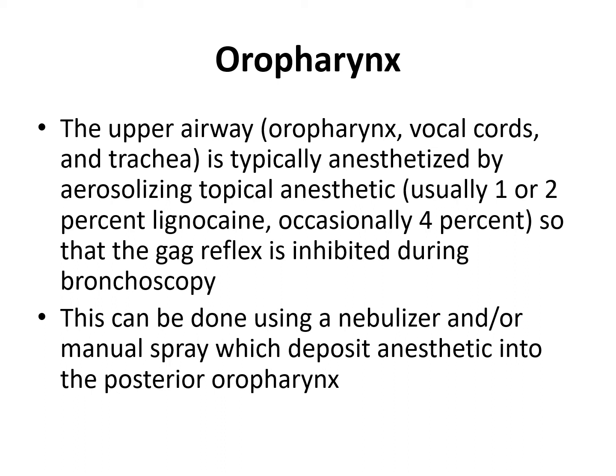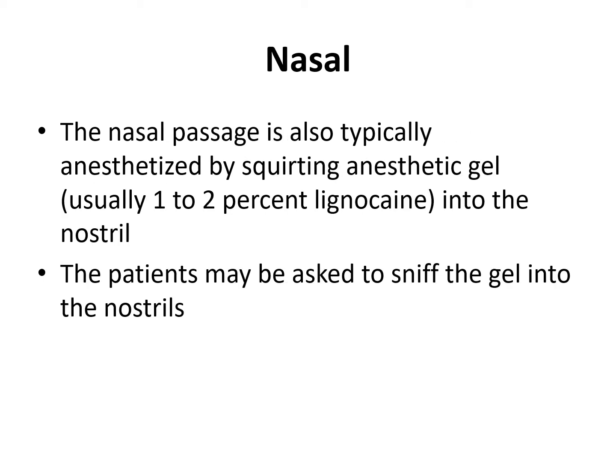This can be done using a nebulizer or manual spray, which deposit anesthetic into the posterior oropharynx. For anesthetizing the nose, the nasal passage is anesthetized by squirting anesthetic gel, usually 1 to 2% lignocaine, into each nostril. The patients may be asked to sniff the gel into the nostril.